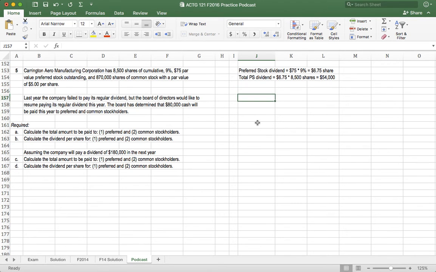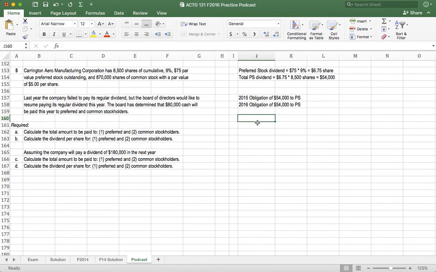So the company has a 2015 obligation, $54,000 to preferred stockholders. And since this is 2016, they have an obligation again of $54,000 to preferred stockholders. This is what we call being paid in arrears, meaning that the company must pay the preferred stockholders their obligation before they can actually pay common stockholders.